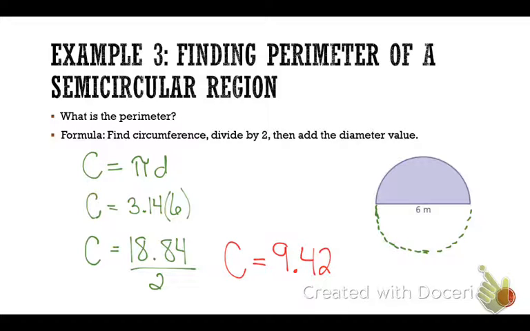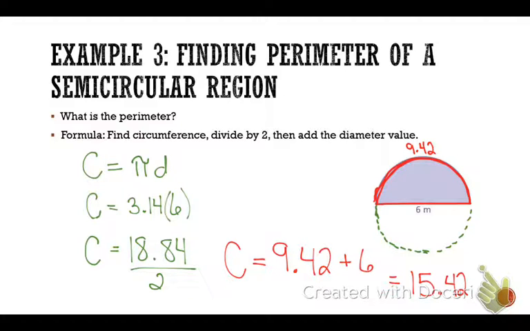But that is only this part of the circle, the 9.42. So that's not the entire perimeter of the semicircle. I must then add in this last side. That's why I add 6, because remember, I'm finding the perimeter of only the semicircle.